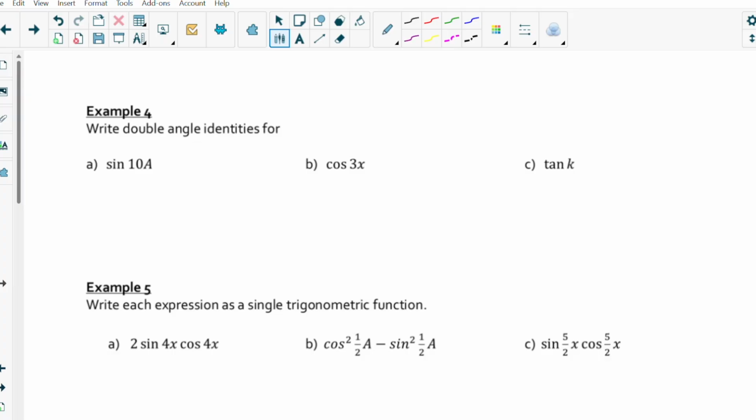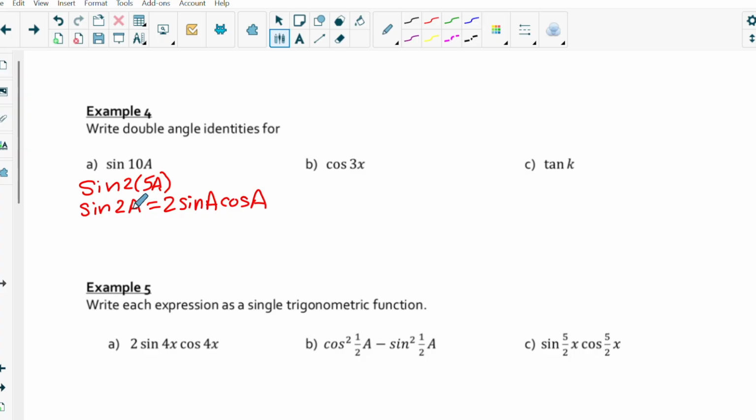Example 4. Write double angle identities for the following. Sine of 10 alpha. I can think of it like this: sine of 2 times 5 alpha. Normally the double angle identity is sine of 2a equals 2 sine of a cosine of a.